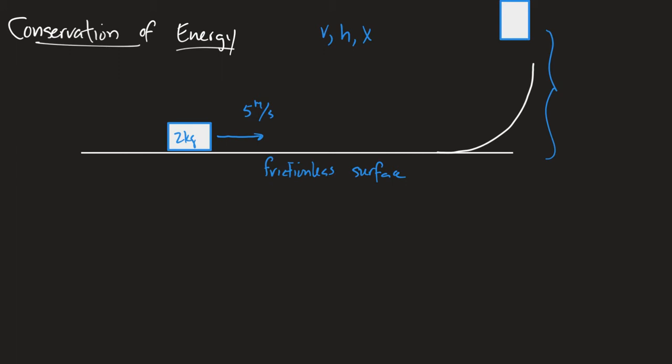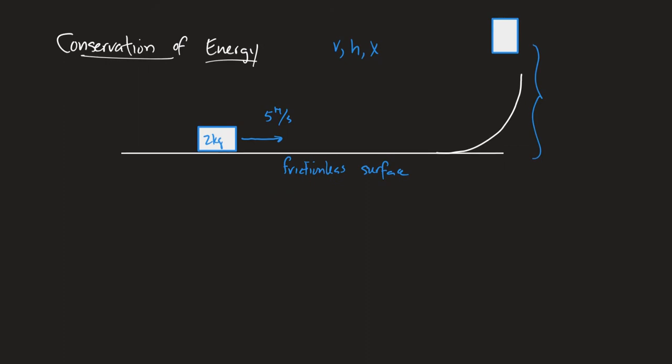All right. Well, if that does make sense, then I notice that there are two states of the problem. The state when the box is on the table, moving at 5 meters per second, and the state when the box has made it to its maximum height. At each state, there is the possibility of 3 forms of energy.